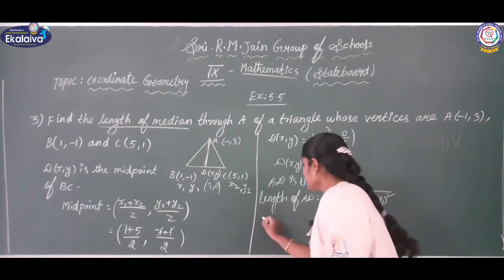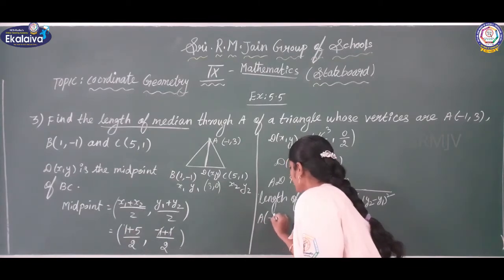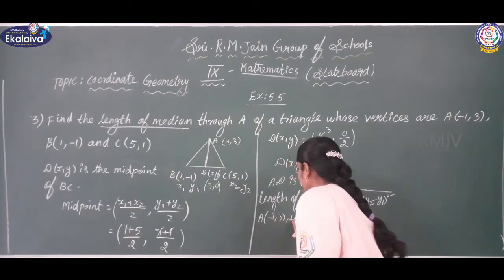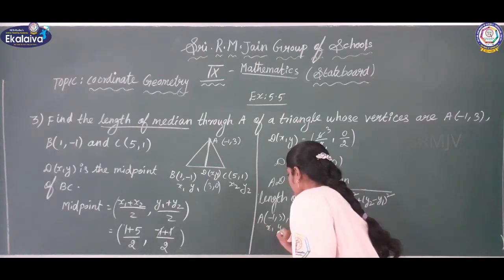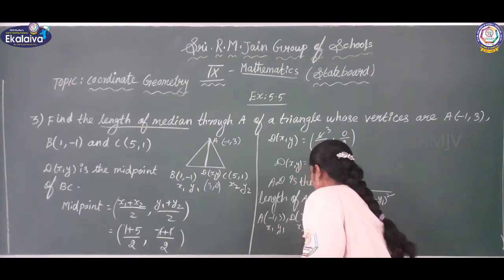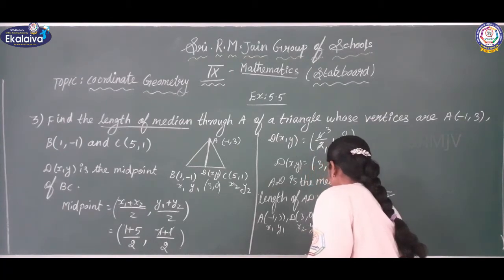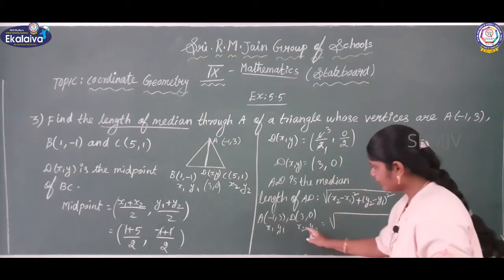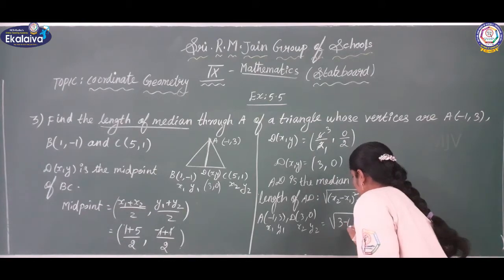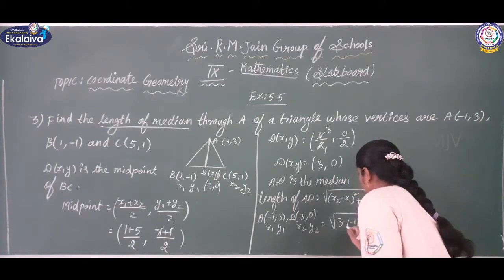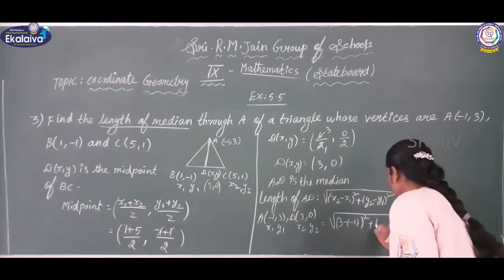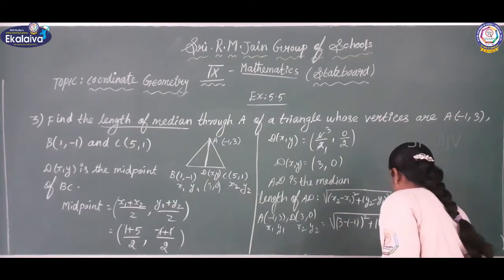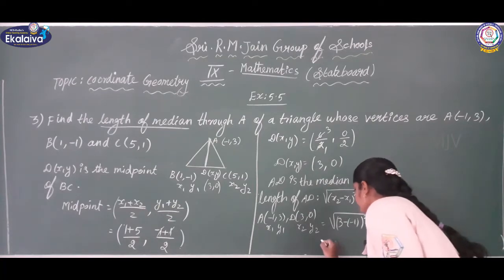Here A coordinates, write it here, minus 1 comma 3 and D coordinates 3 comma 0. So this is x1, y1, x2, y2. Substitute here x2 value 3 minus of minus 1 the whole square plus y2 value 0 minus 3 the whole square.